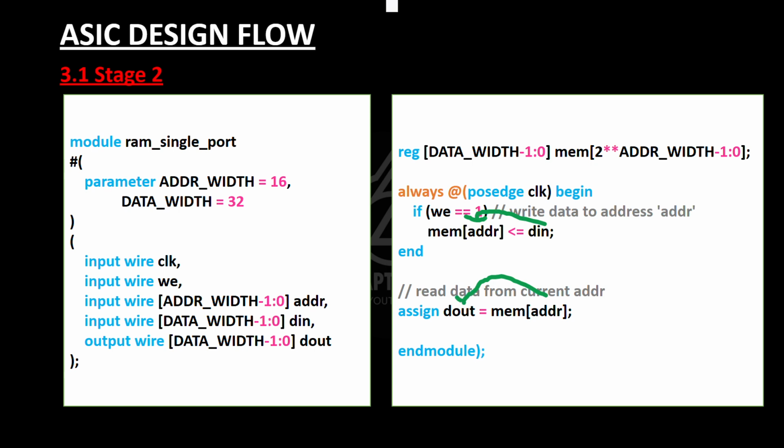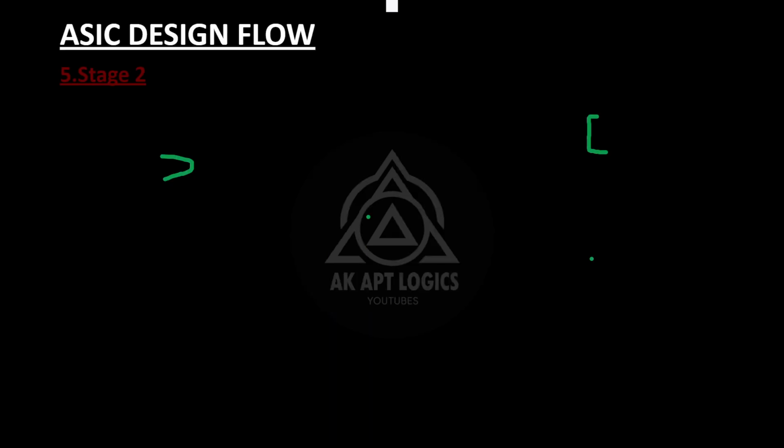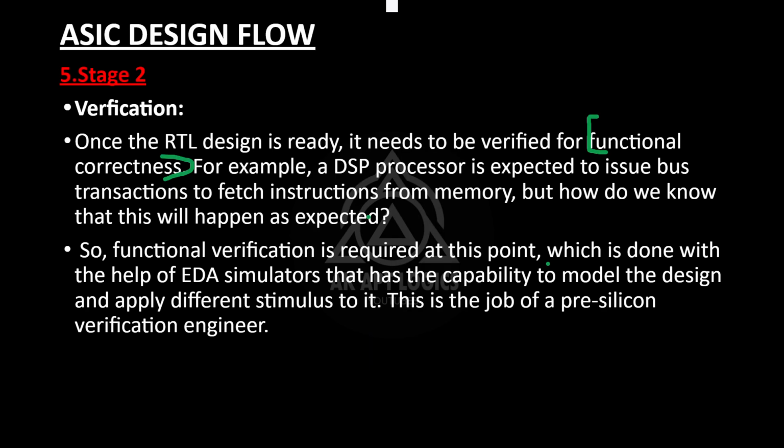So to check whether this functionality is working or not, we should apply some input values to the DIN, and we have to check the DOUT, right? If we give the data as one, the output must be one, right? How are we going to check that in the design code? We can't check it, right? We just write the functionality. To check that, there must be a TB. So functional verification is required at this point, okay.